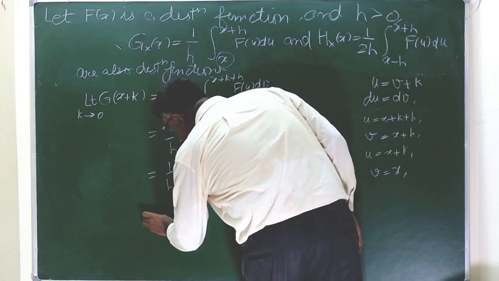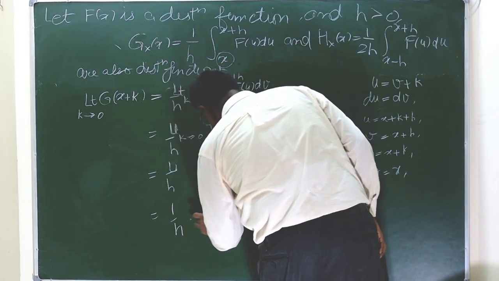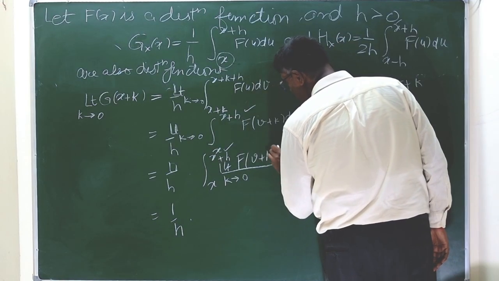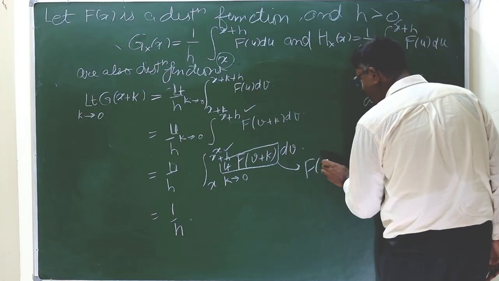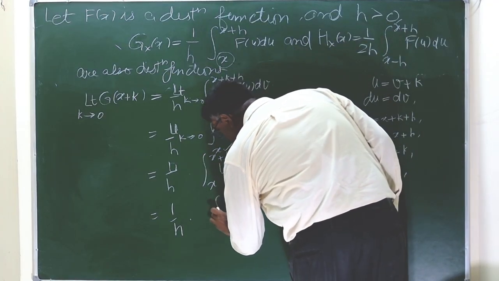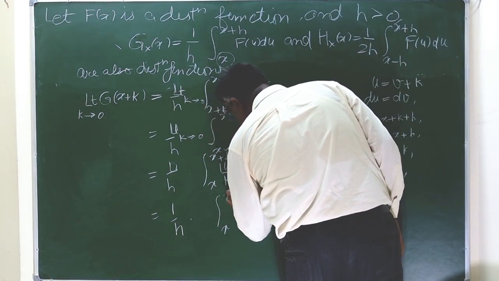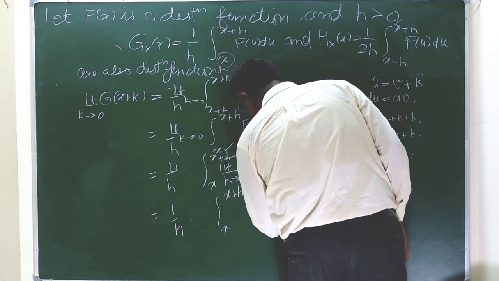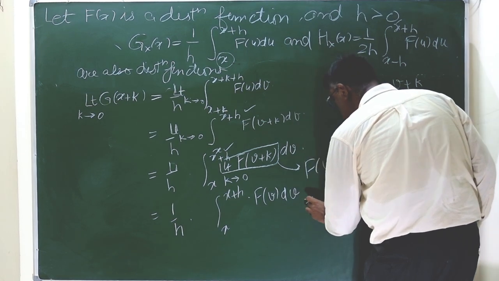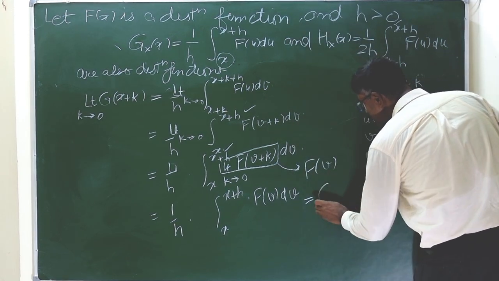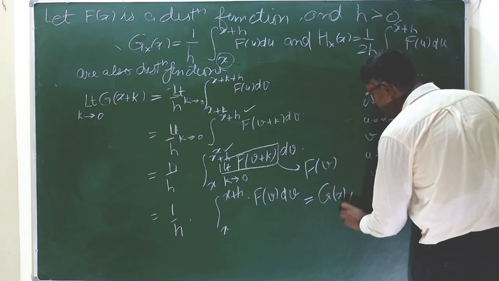Now what do we get? 1 over h. Since this function is also a distribution function, this will be equal to f of v. So we got the integral from x to x plus h of f of v dv. This is exactly the g.